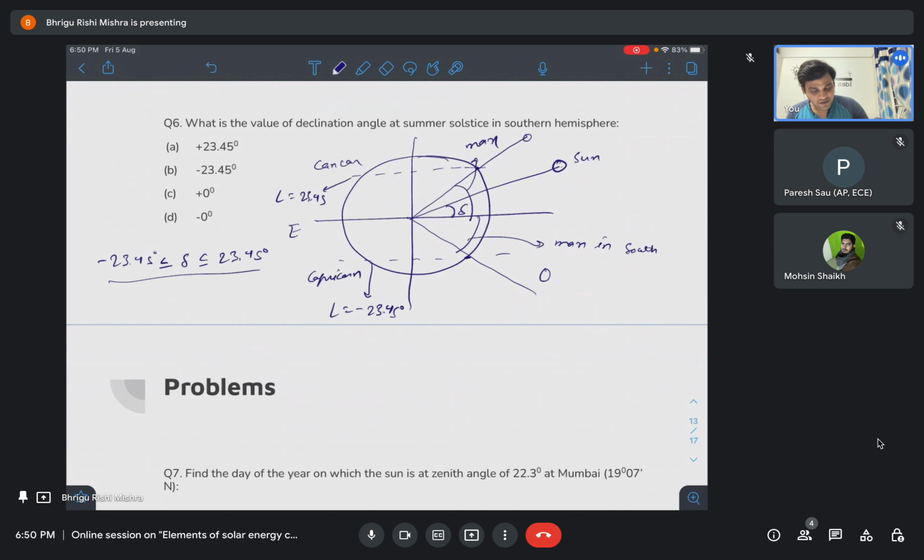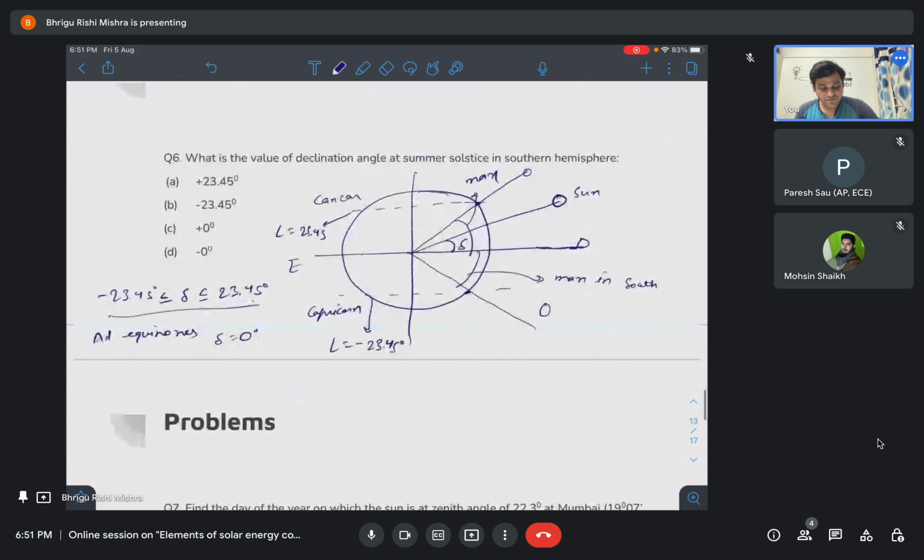When the sun radiates perpendicularly at the Tropic of Cancer, delta is maximum, plus 23.45 degree. When the sun radiates perpendicular at the Tropic of Capricorn, delta is minimum, minus 23.45 degree. When the sun is in line with the equator at the two equinox positions, delta will be 0.